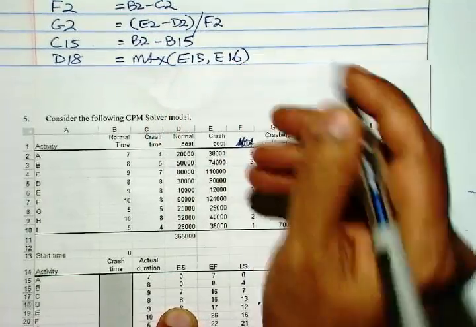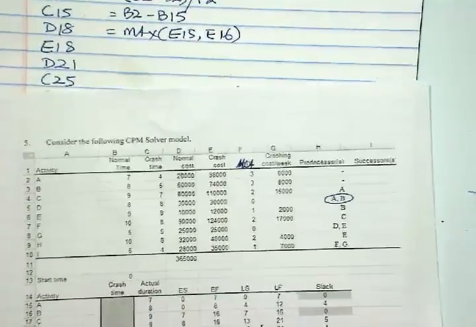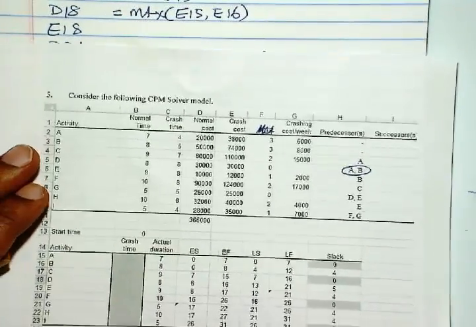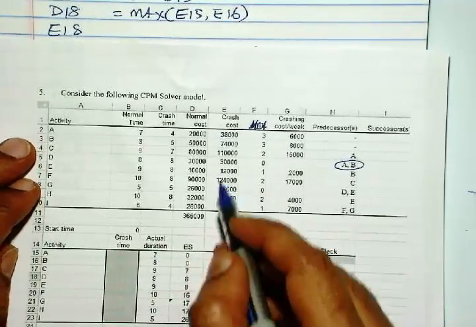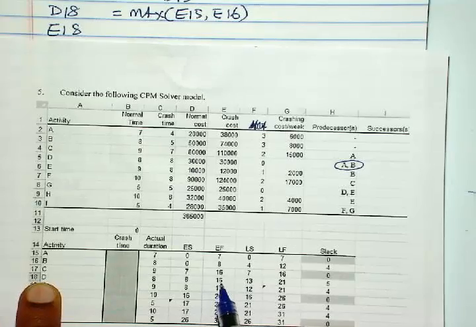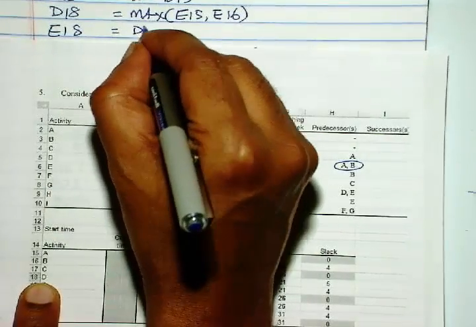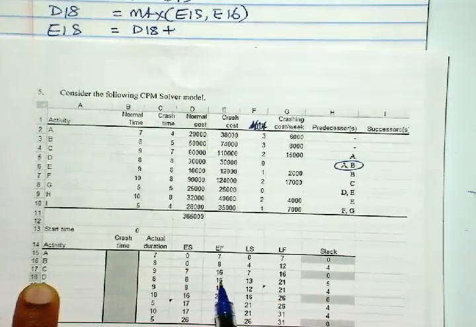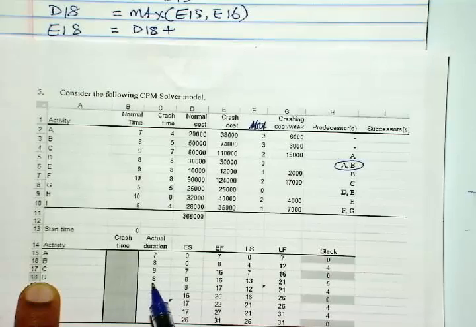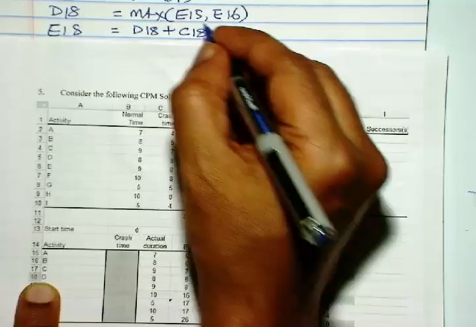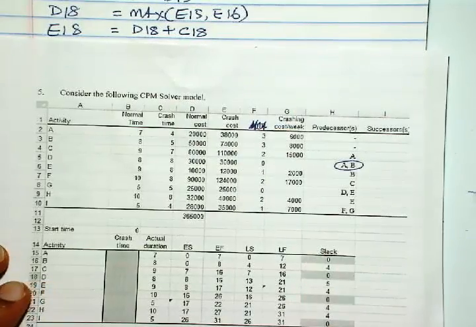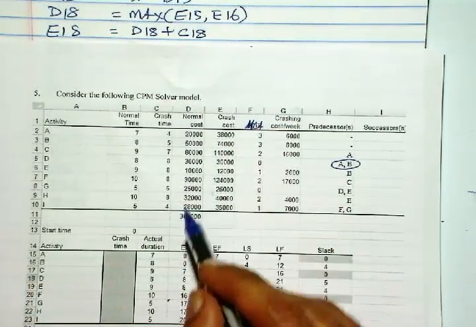Okay. Next is E18. So E18 is the finish time. So finish time is the start time plus the actual duration. Actual duration is C18. Okay. Next is D21.